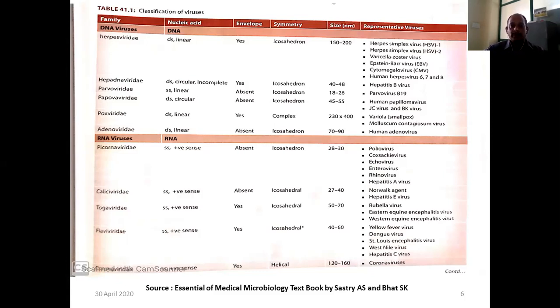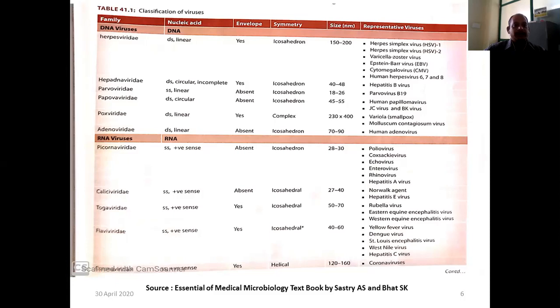Viruses include variola virus and molluscum contagiosum virus. Then the Adenoviridae family, again double-stranded linear DNA viruses, with icosahedral symmetry, responsible for causing adenoviral infections in humans.